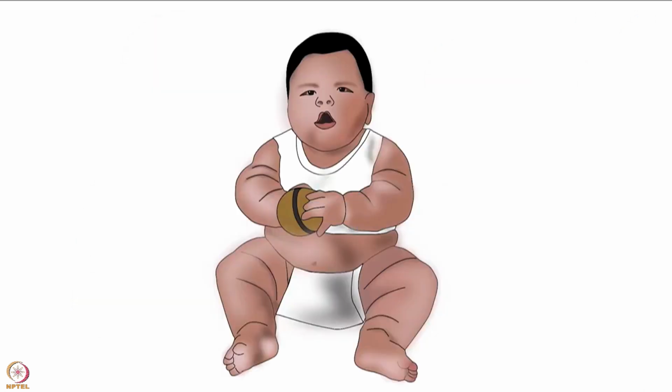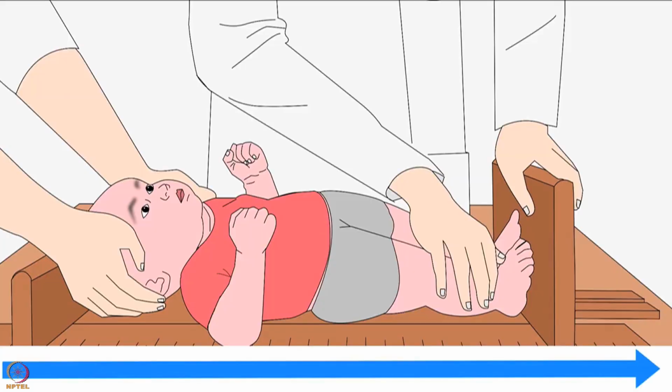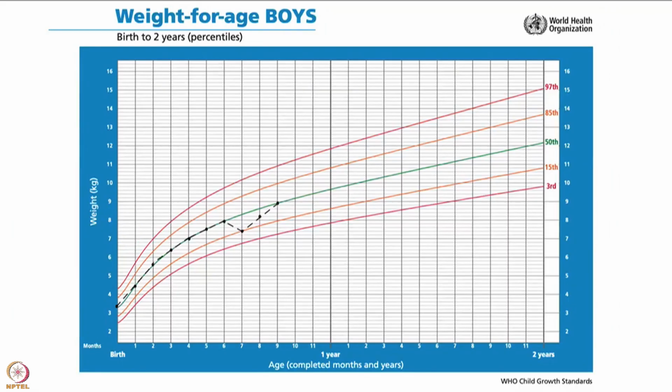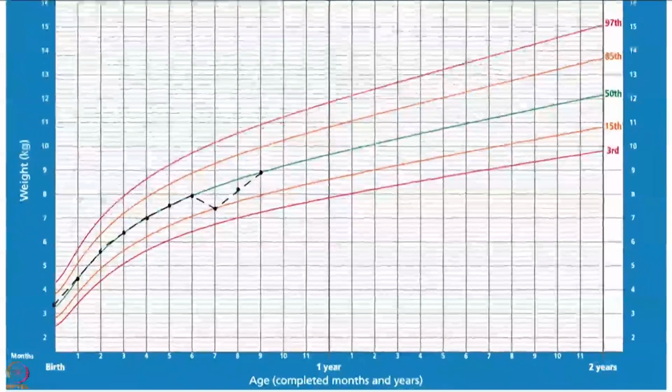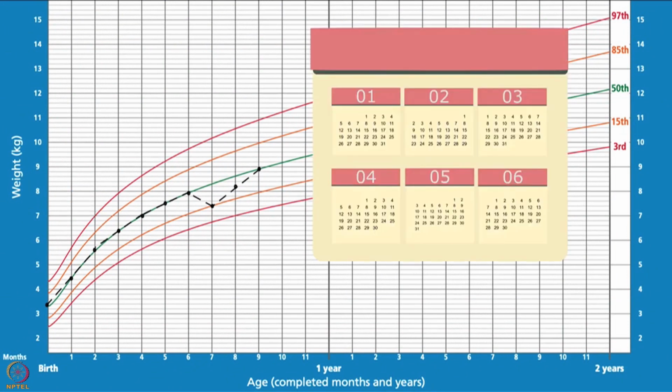The overweight child should maintain his weight while increasing in length. On the other hand, a rapid incline in the growth line is healthy sometimes. This chart shows Arun's weight on the 50th percentile line till 6 months of age.